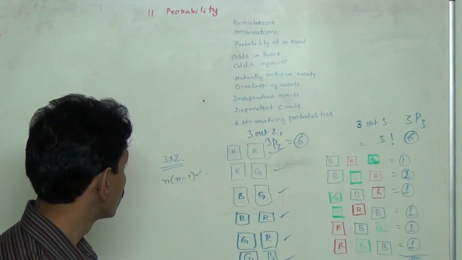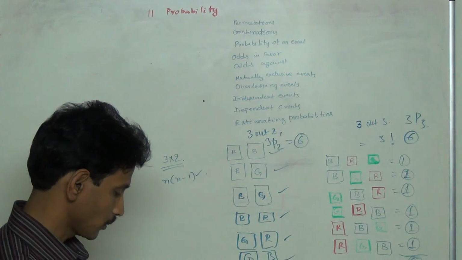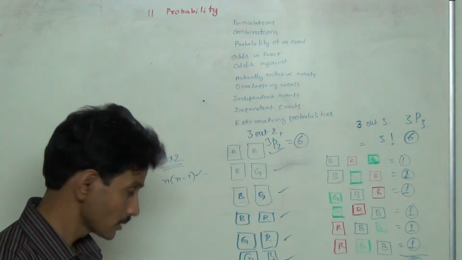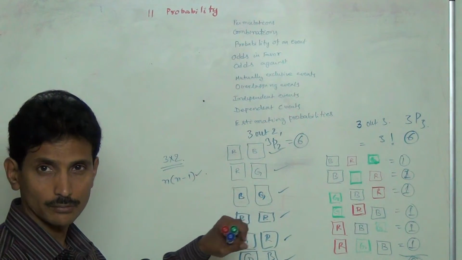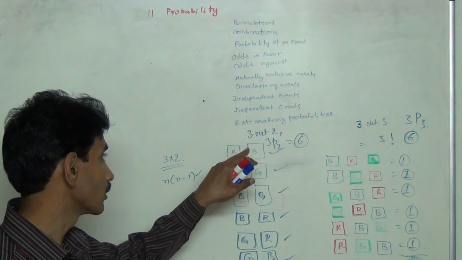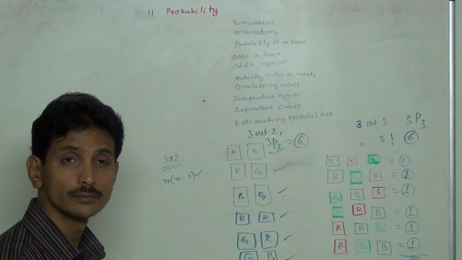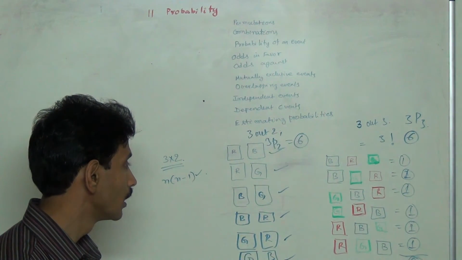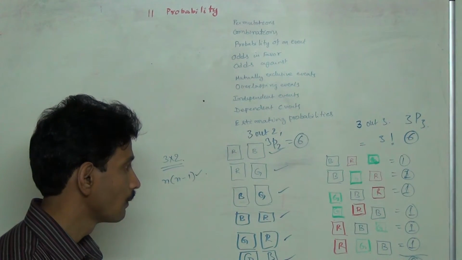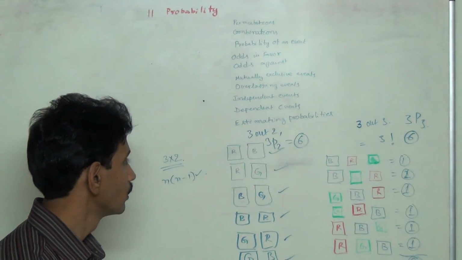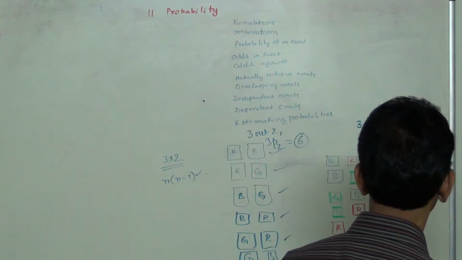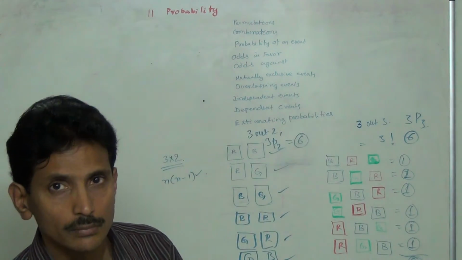Likewise, possible permutations of 3 out of 3 is 6. Possible permutations of 2 out of 3 is also 6. So this is one group, and this is another group.